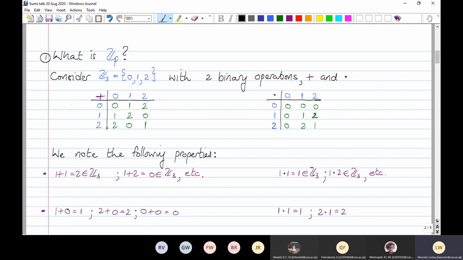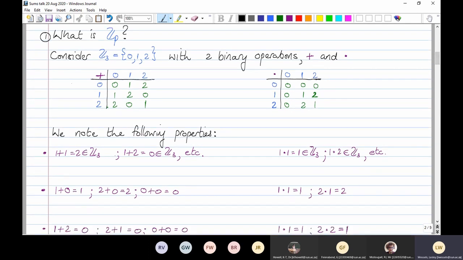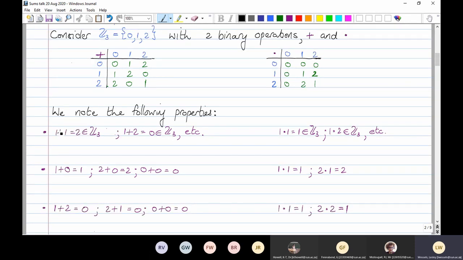So I'm basically going to define what a field is, but I'm just going to go through this systematically using this example. If you look at the tables, the addition table and the multiplication table, you'll see that the elements have certain properties. For example, the first case: if I look at the addition table, if I add any two elements, I'm going to get an element back in Z3.